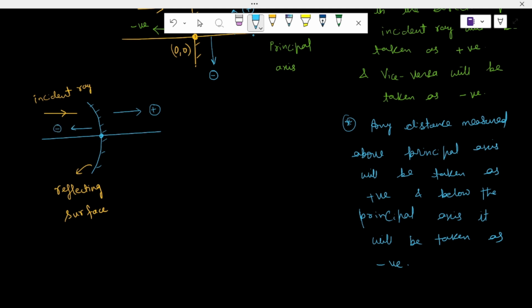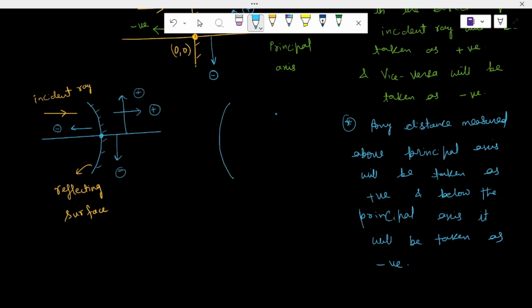But please remember, I have to take pole as reference. I have to start in this direction from here, or in this direction from here, so pole is our origin. In a similar manner, anything above principal axis will be positive, below principal axis will be taken as negative.